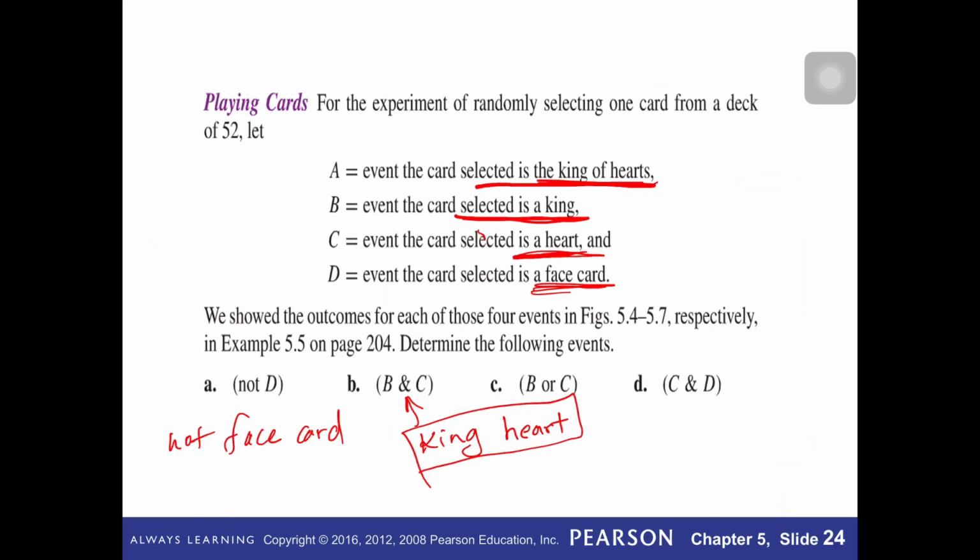So you can try C or D. Okay. What does this mean? C and D. What is C? Heart. D is a face card. D is a face card and C is a heart. So this means face card, heart.